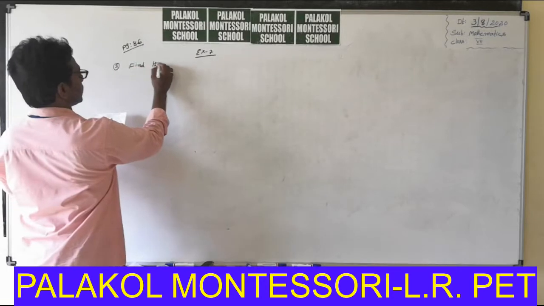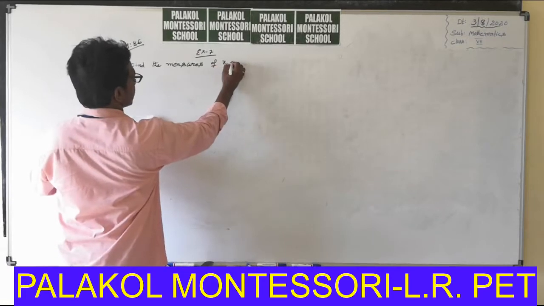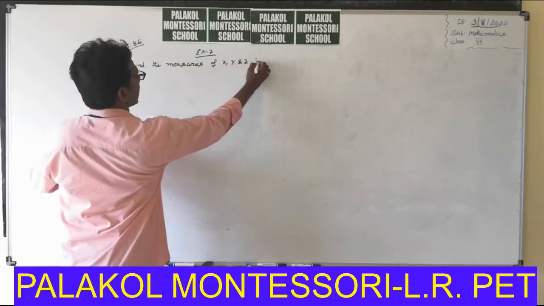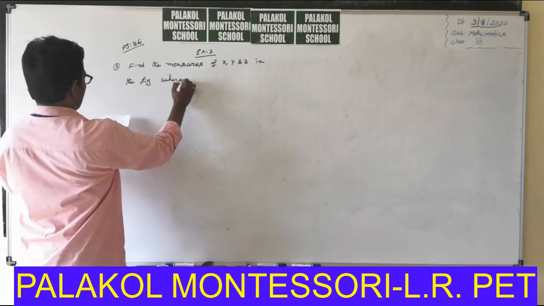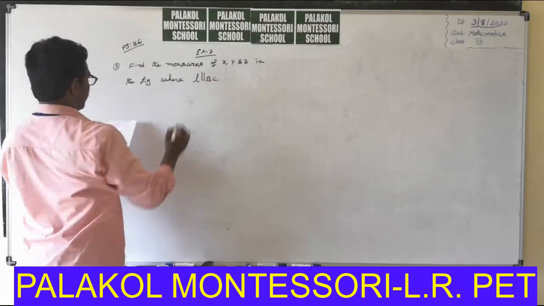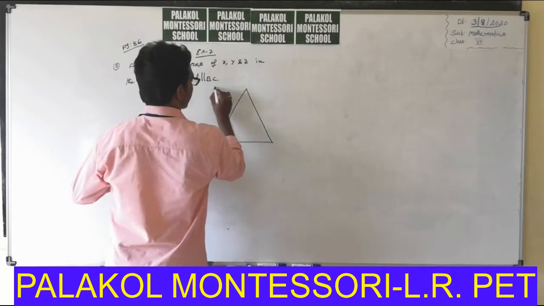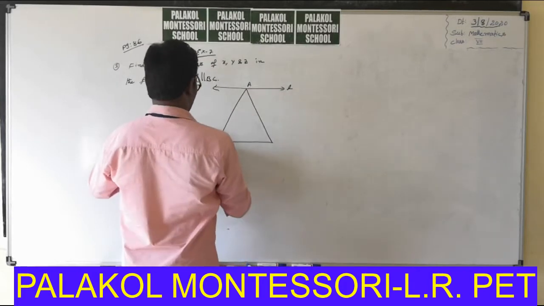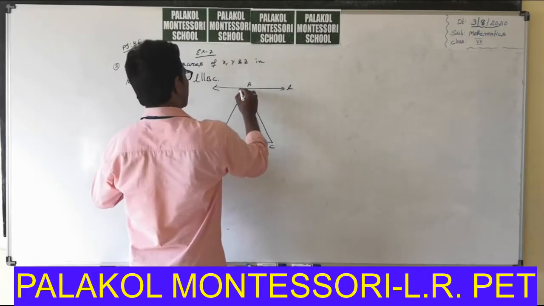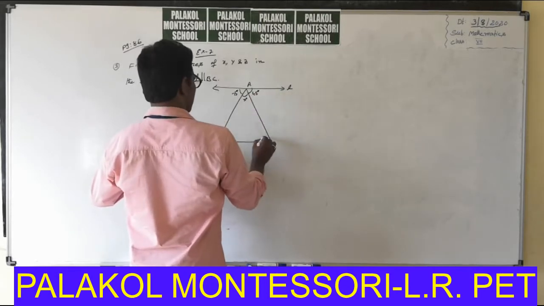Find the measures of x, y and z in the figure where l is parallel to BC. This is l, A, B, C. Here 75 degrees, x degrees, 45 degrees, and here y degrees, z degrees.